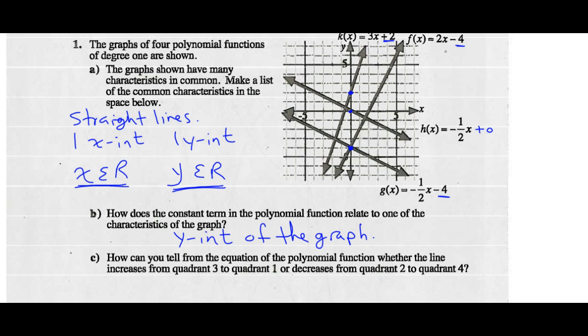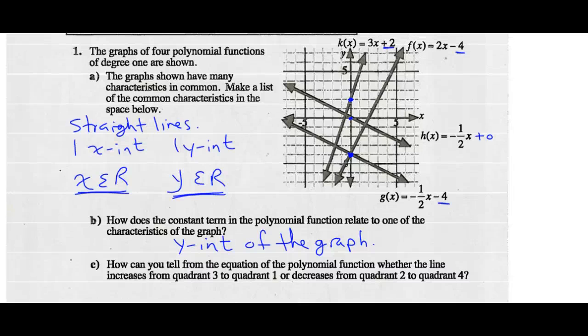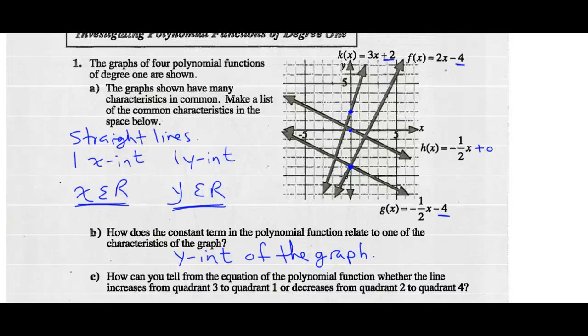Part C, how can you tell from the equation of the polynomial function whether the line increases from quadrant 3 to quadrant 1 or decreases from quadrant 2 to quadrant 4? So recall your quadrant numbers, quadrant 1, 2, 3, and 4.